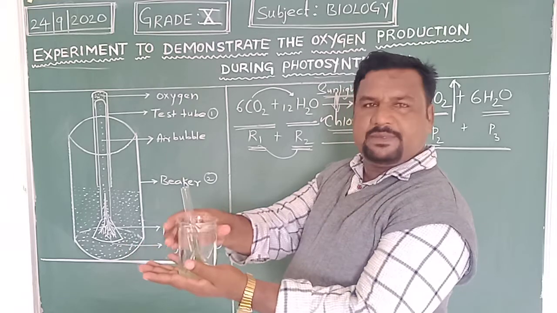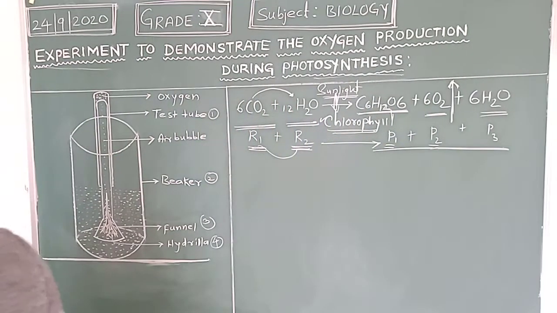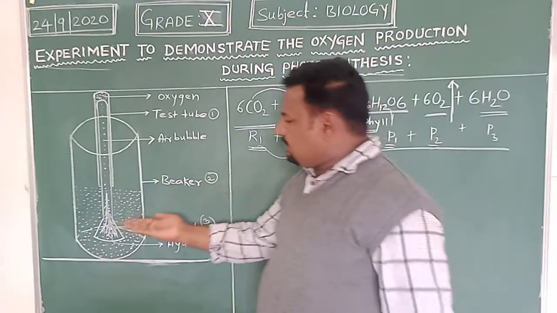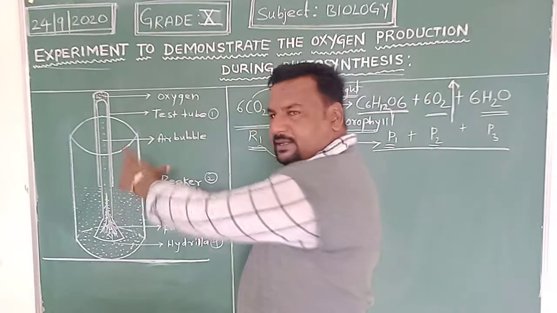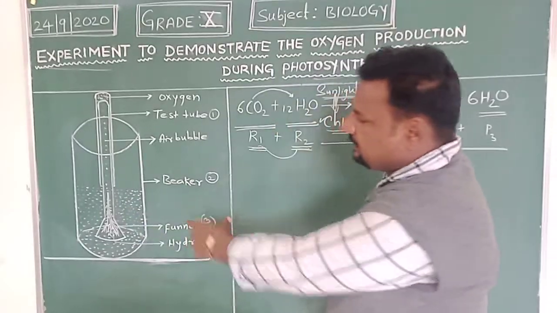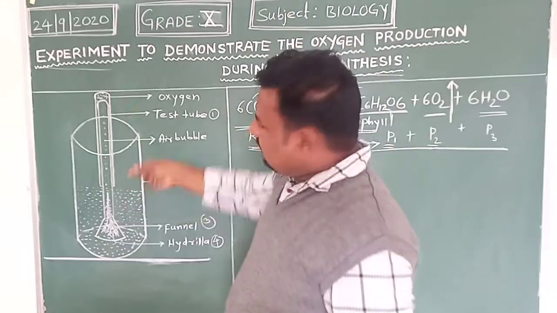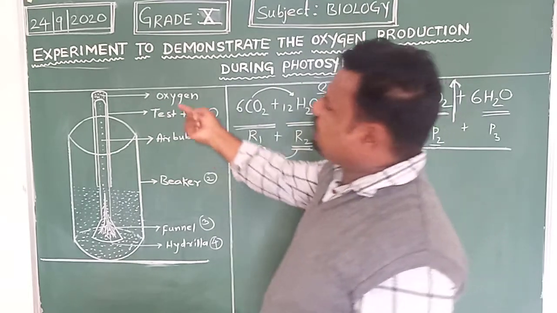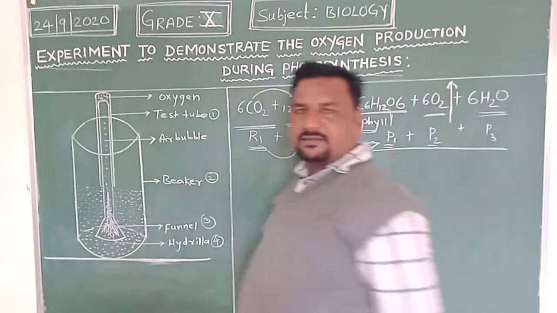When the entire setup is placed under sunlight, what happens? When we set up the entire apparatus in this way, the beaker is filled with water, then hydrilla twigs are inserted in the funnel, then the funnel is placed in the beaker containing water, then the test tube is inverted over the funnel, then the entire setup is placed under sunlight.